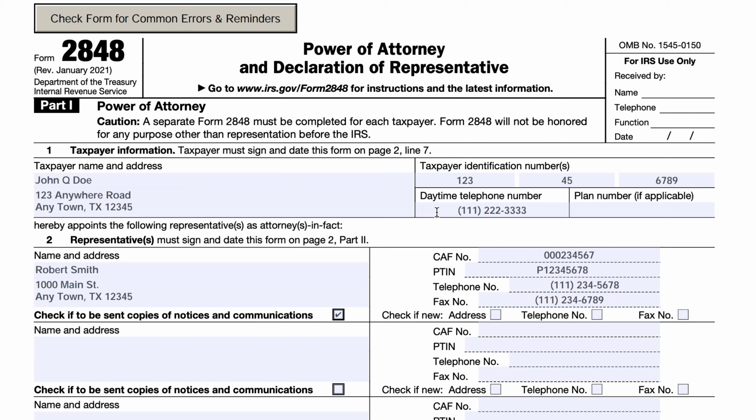Basically, they're allowed to practice, and they recognize that they're authorized to represent you, and they're going to follow the law. That's basically what they were saying. So I think that's about all we have for this form.